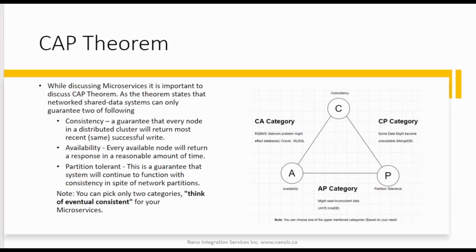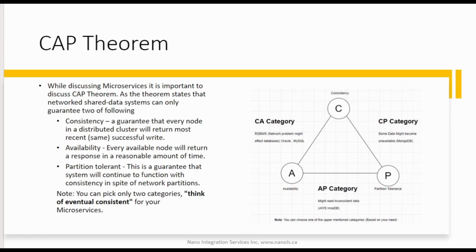While discussing microservices, it is important to discuss the CAP theorem. The theorem states that network shared data systems can only guarantee two of the following: consistency, availability, or partition tolerance. Talking about consistency, it guarantees that every node in a distributed cluster will return the most recent successful write.